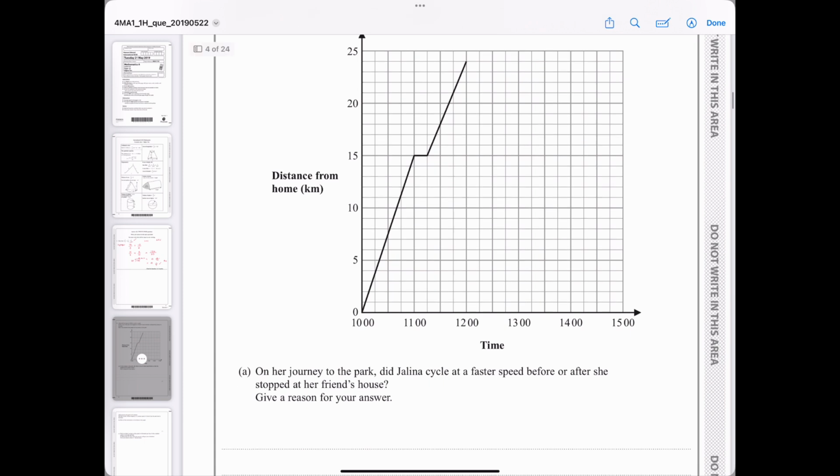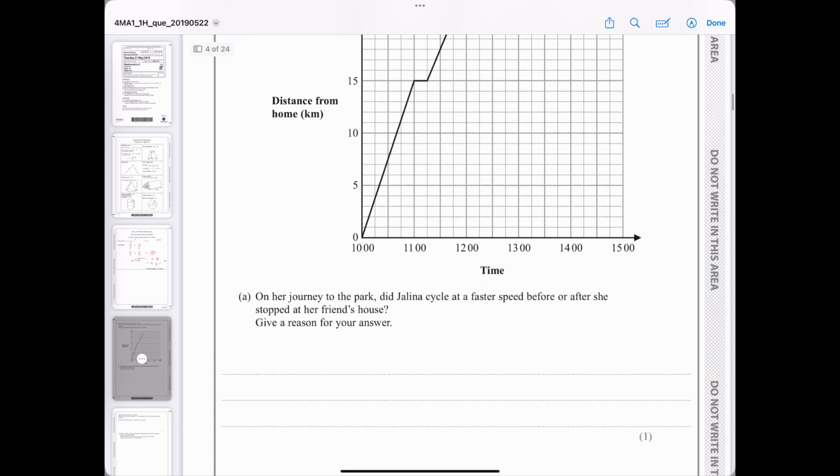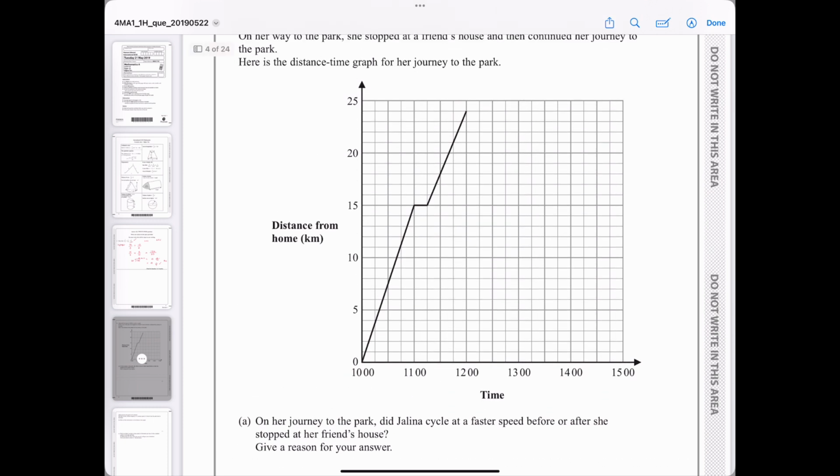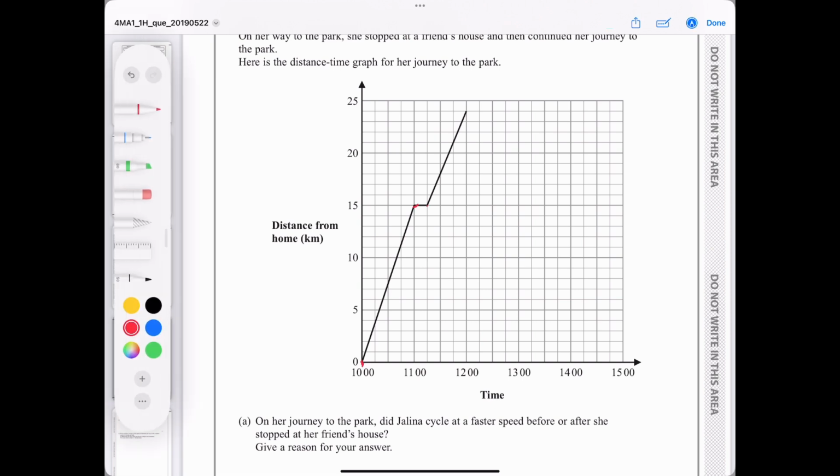On the journey to her friend's house, did Jelena cycle at a faster speed before or after she stopped at her friend's house? So what they're basically saying is which of these lines, this one to this one, or this one to this one, is steeper. For that, she did 15 kilometres in an hour. So 15 in 1. And for this one, she did 9 kilometres. So it's 24 to 15.